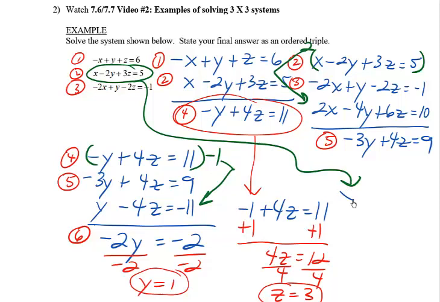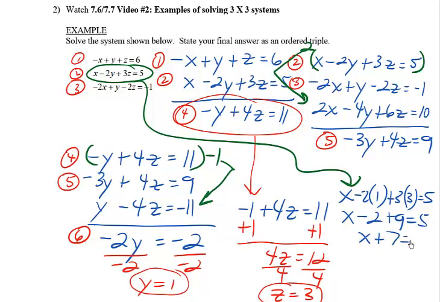So I have x minus 2 times 1 in place of the y, plus 3 times 3 in place of the z equals 5. Solve this little equation and we'll have x. That's x minus 2 plus 9 equals 5. I believe that's a 7. And then when I subtract 7 from both sides, I'm going to end up with x equals negative 2.